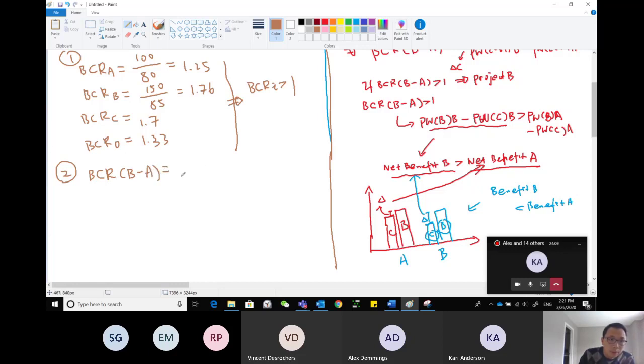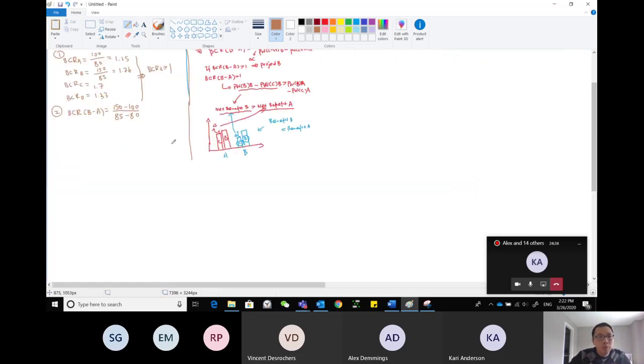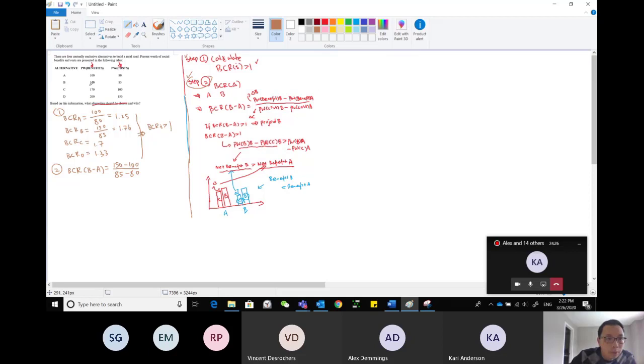So that will be 150 minus 100 over 85 minus 80. Okay, and just zoom out. So that's 150 minus 100 over 85 minus 80, right? So this will give us the value of 10.